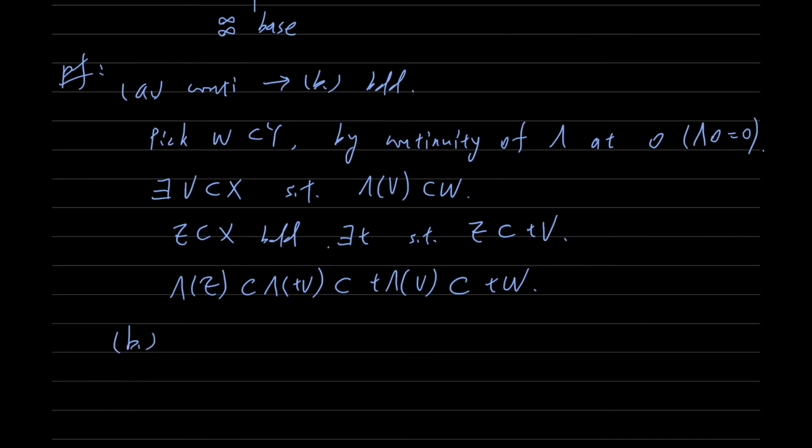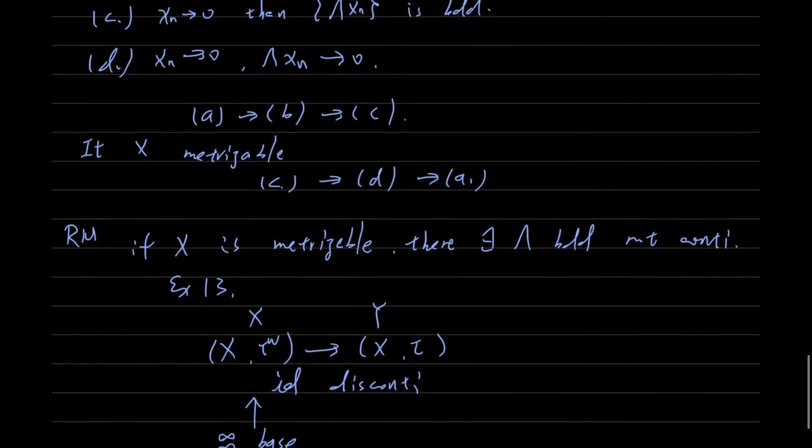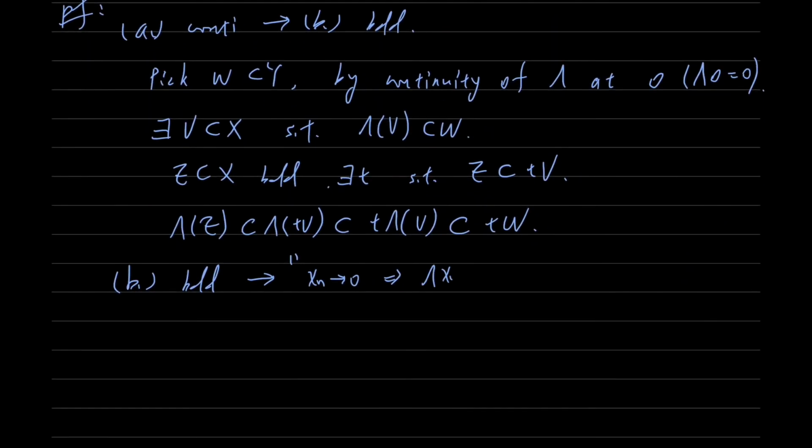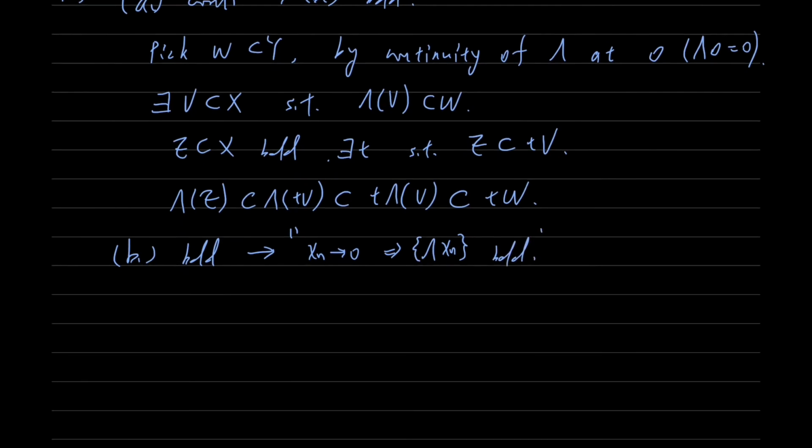Now we have bounded implies that if xn in X converges to 0, then the image is bounded. So this is actually proven in the very beginning of this video.